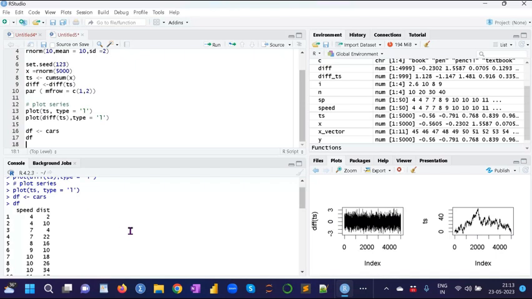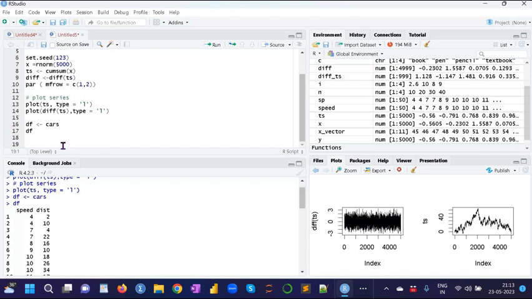So first I want to know the columns, the number of columns.